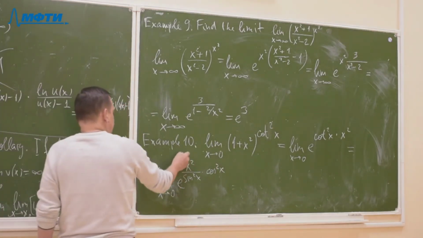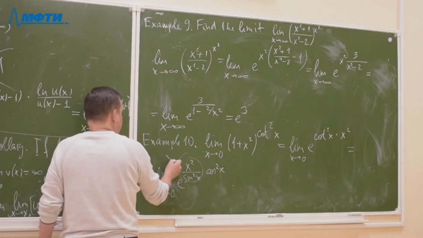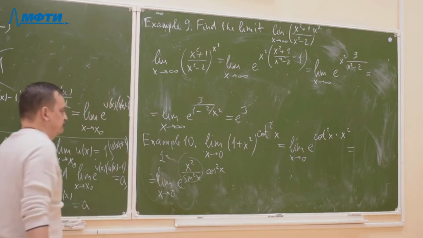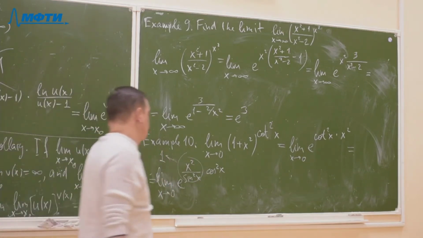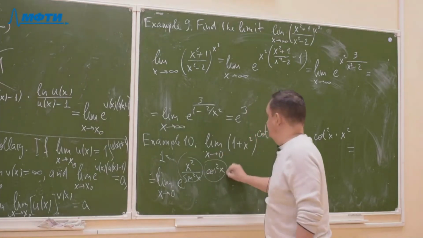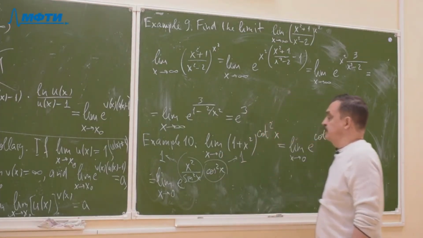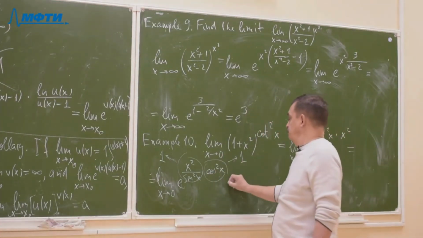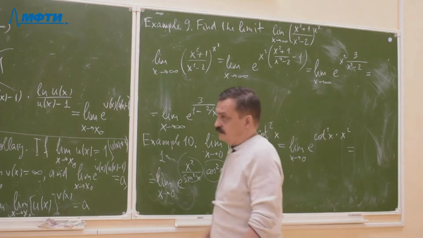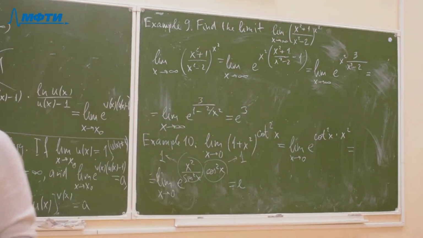Here we use the first remarkable limit, it tends to 1. Cosine is continuous, so this tends to 1 as well, and the answer is 1 then, right?